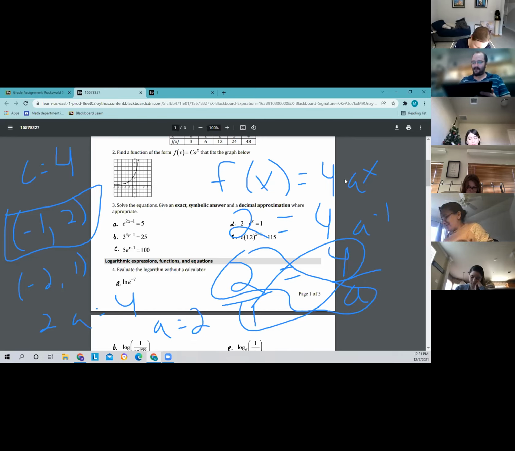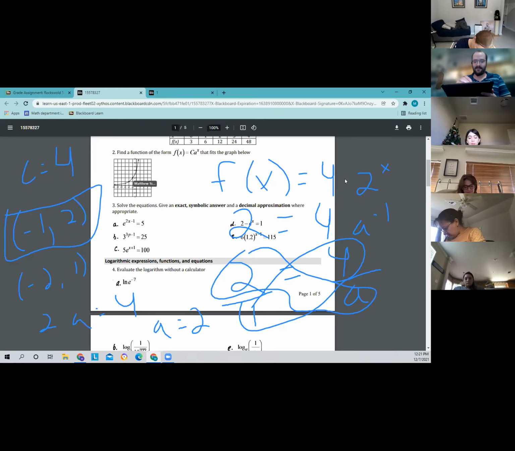So it should be 4 times 2 to the X. It's not 1/4, sorry, because it's my first scratch paper. And this is 2 to the X is what I'm thinking. Is that right? Is the y doubling each time? Yes, from 1 to 2 to 4. That would be doubling.